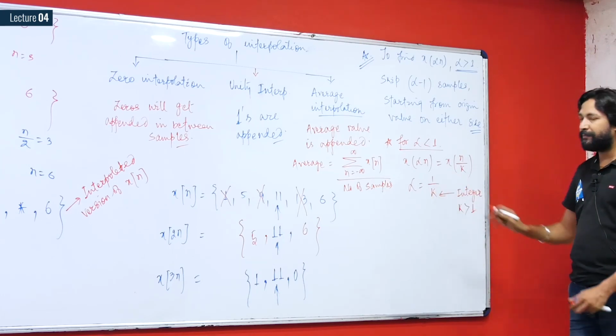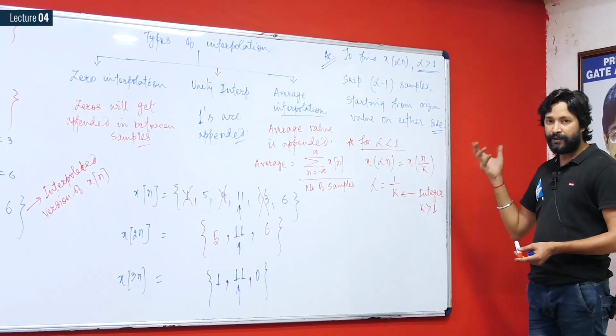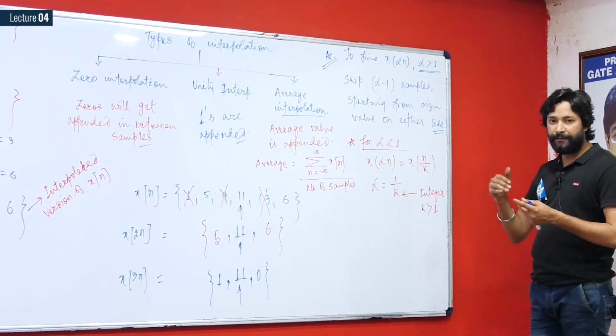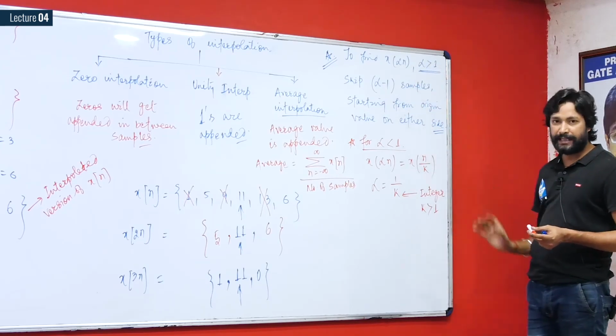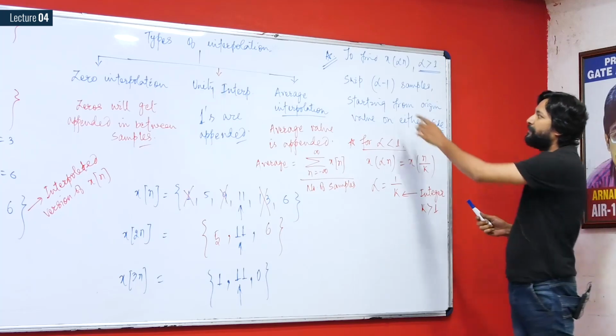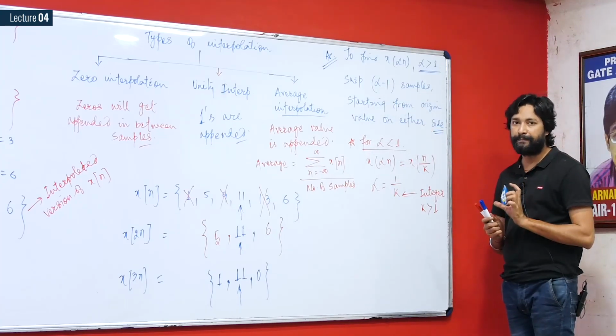If alpha is 1 upon k and alpha is less than 1, it means k is greater than 1. So if you have to decimate, what do you do? You skip alpha minus 1 samples in between 2 samples.